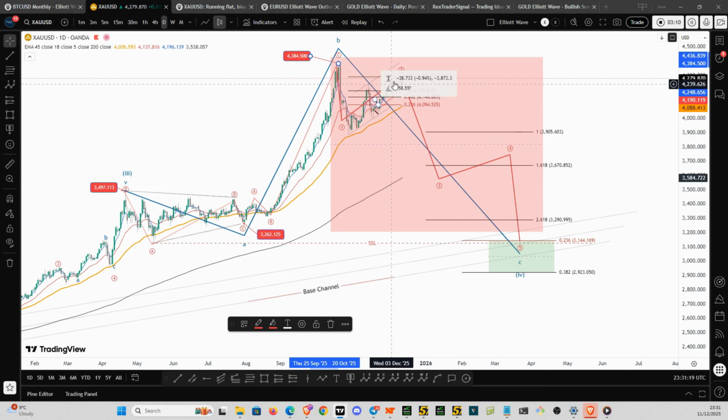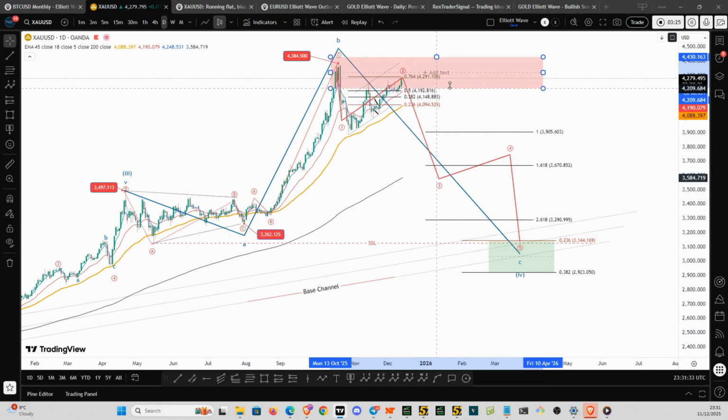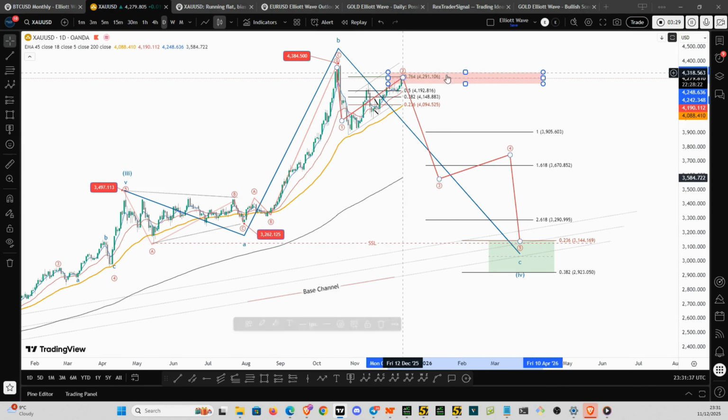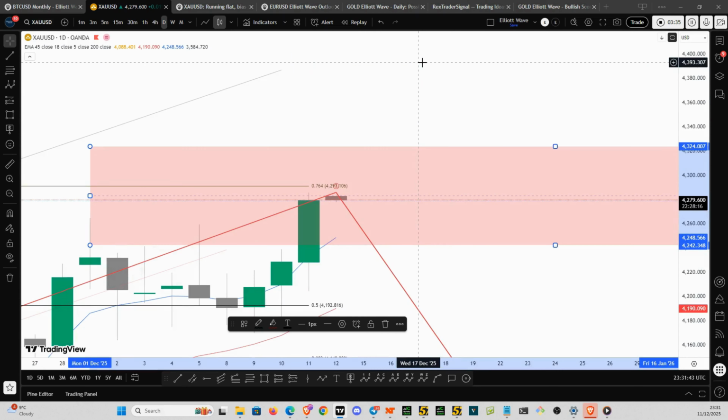Wave 2 of C is where price is right now, a corrective bounce inside Wave C, and it's in its late stages. The key resistance to watch is the 0.765 Fibonacci retracement at 4,291. As price tags that zone, what matters is whether we see a clear rejection, a failure to sustain above that retracement with momentum turning back down.